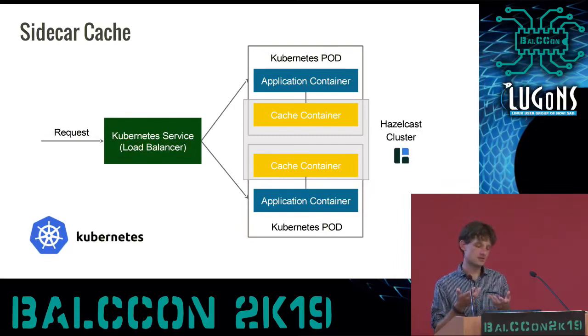However, in some scenarios, you may have additional containers responsible for some additional logic. For example, such additional container can be a logging agent container that will send all the logs from your application to some external logging system. This additional container, in Kubernetes world, is called a sidecar container.